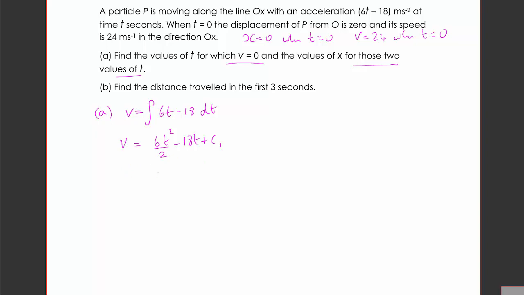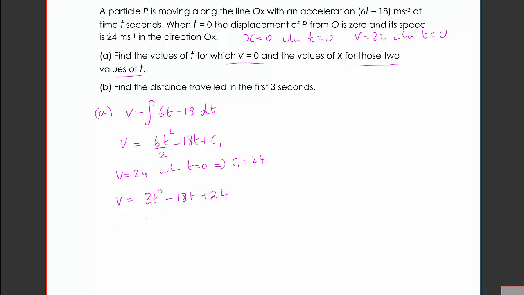And then we've got v is equal to 24 when t equals 0. Well, it should be fairly clear that's going to give us c1 equals 24. So we've got v is going to be 3t squared minus 18t, add 24.